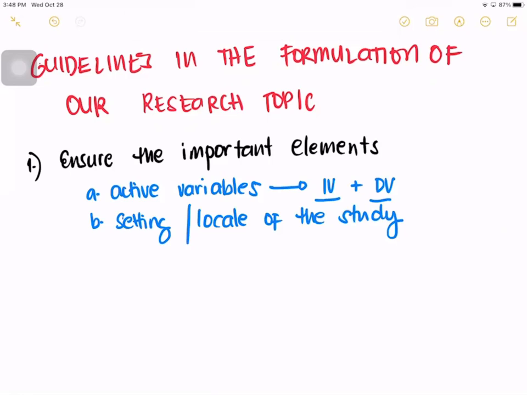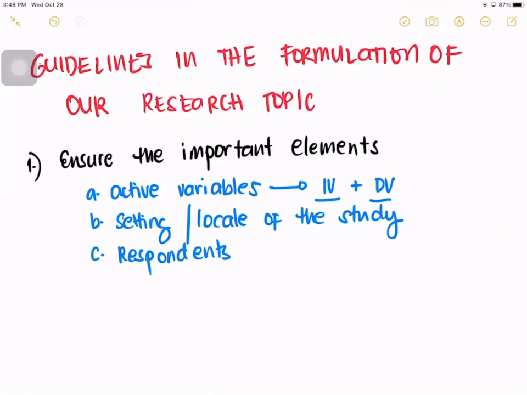So setting our locale of the study is also an important element. Then in some cases as well, we might include our respondents, because our respondents may sometimes serve as our independent variable, the source of the information, especially if it's just a descriptive research that you are conducting.